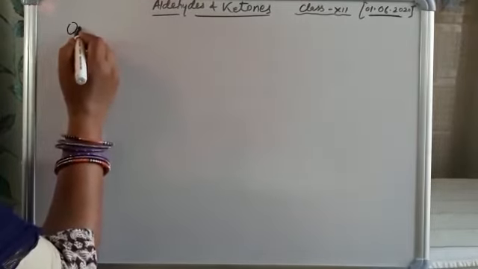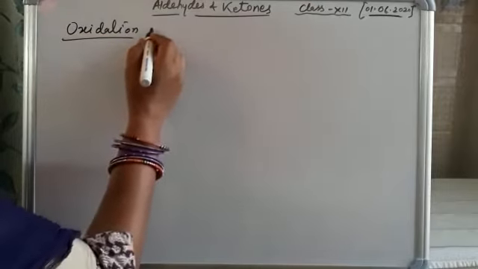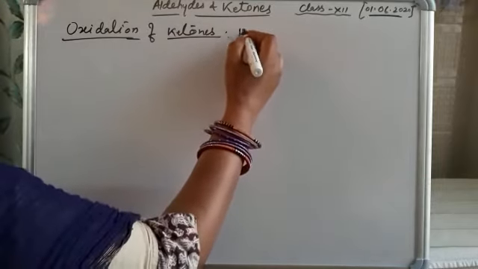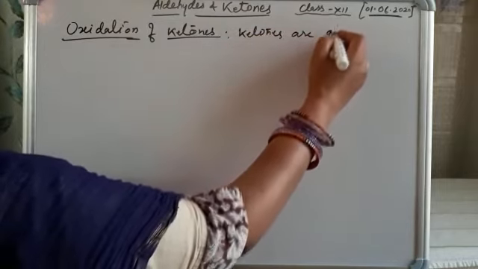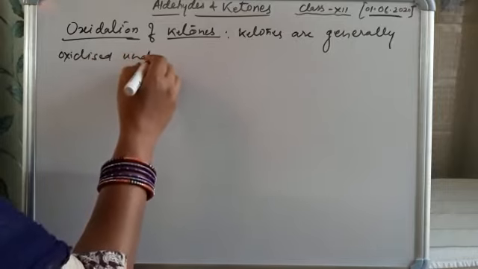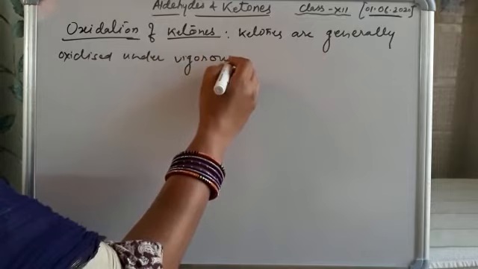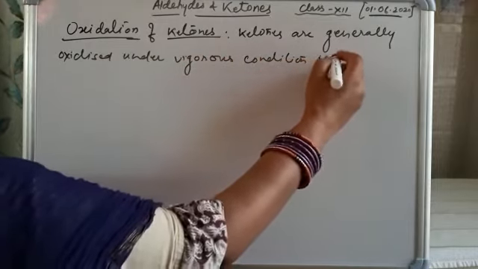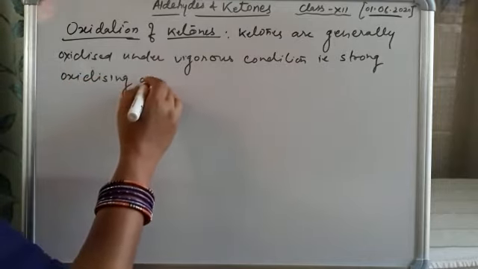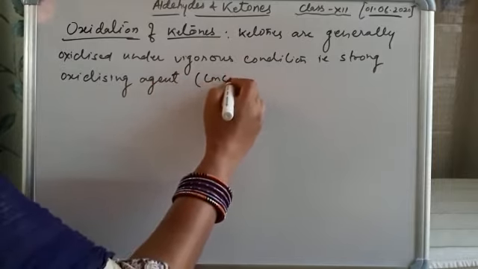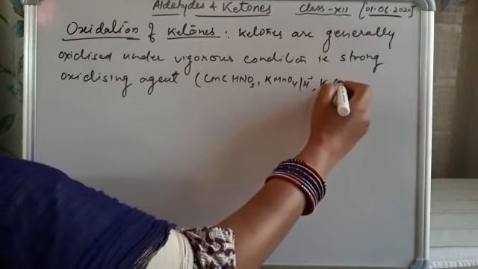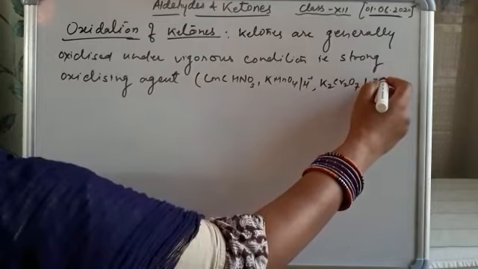Now, oxidation of ketone. Ketones are generally oxidized under vigorous conditions, that is, in the presence of a strong oxidizing agent, like concentrated HNO3, or potassium permanganate in acidic or basic medium, or potassium dichromate in acidic or basic medium.